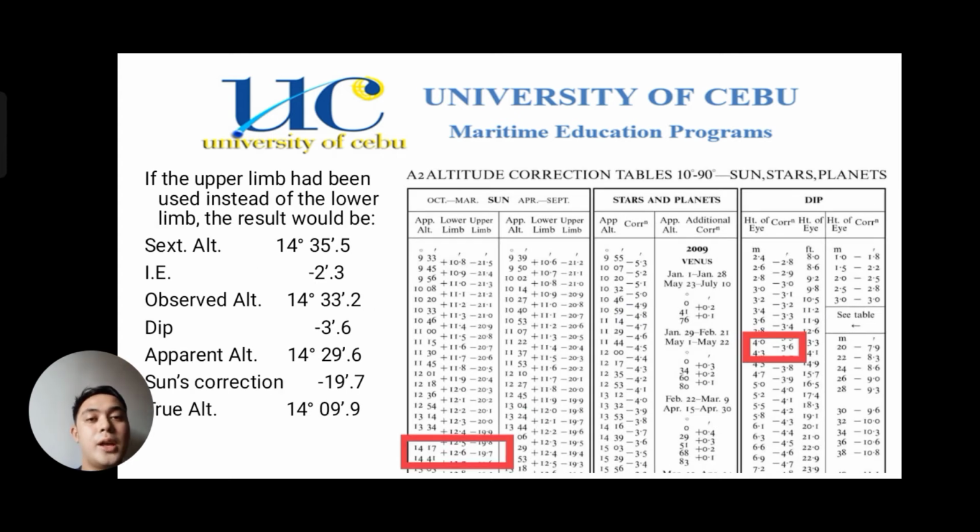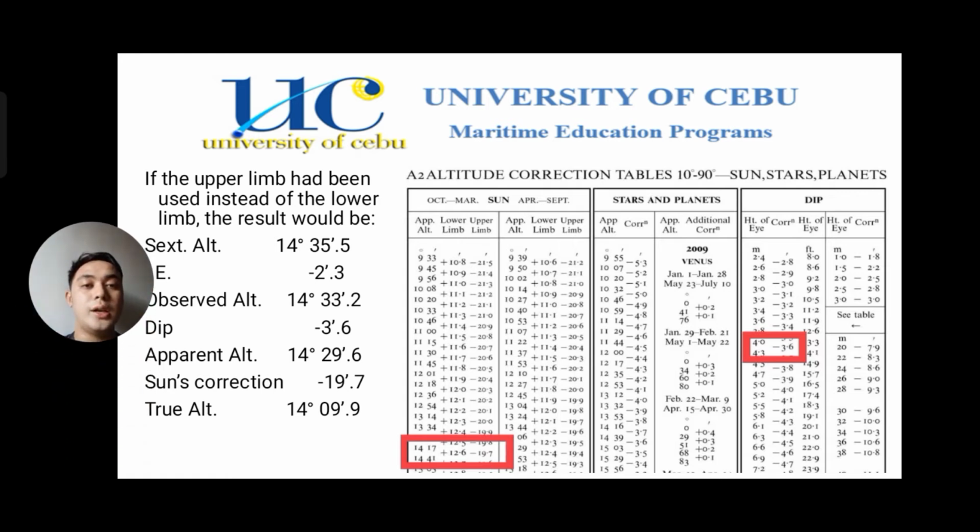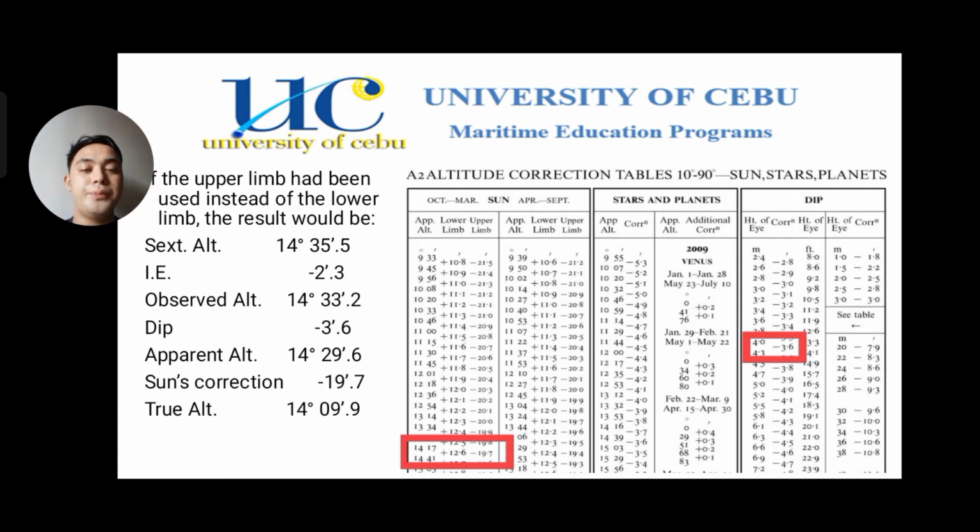Next slide. If the upper limb had been used instead of the lower limb, the result would be as follows. Sextant altitude is 14 degrees 35 minutes point 5. Our index error is negative 2 minutes point 3.